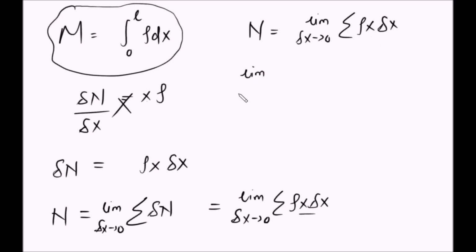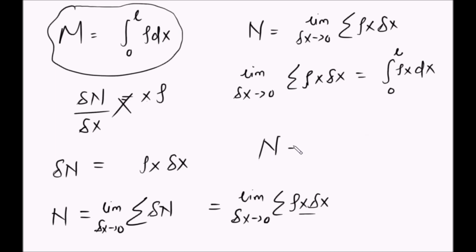So N is now the integral of rho x. Instead of delta we now put dx. So our limits go from 0 to L as usual. So N will now be: we integrate from 0 to L rho x dx.